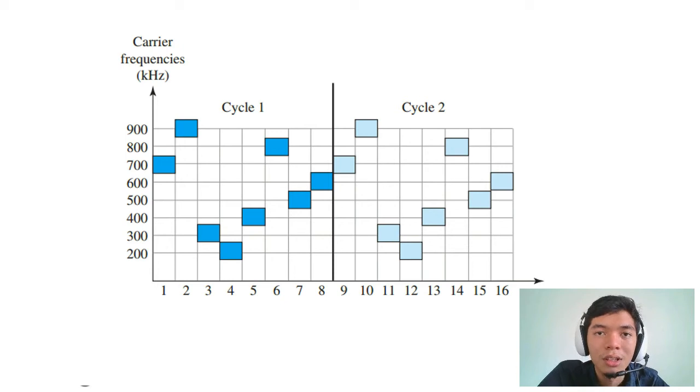So it's actually one of the ways to counter jamming or eavesdropping. As you can see there, the signal hops from one frequency to another. So if anyone tries to jam the signal, they can only jam a part of it.